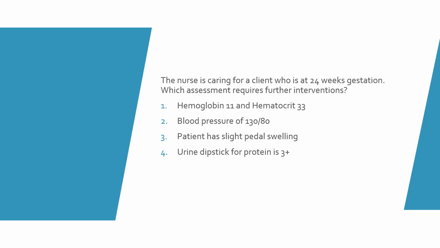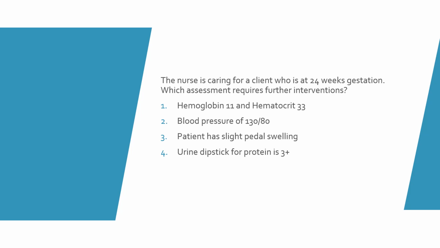In this question, you are provided with assessment data for the client in the answers. You need to determine what data requires intervention. Number 1. Hemoglobin 11 and hematocrit 33. For a pregnant female, a normal hemoglobin level is 12 to 16, with a minimum value of 10.5 grams per deciliter during the second trimester.